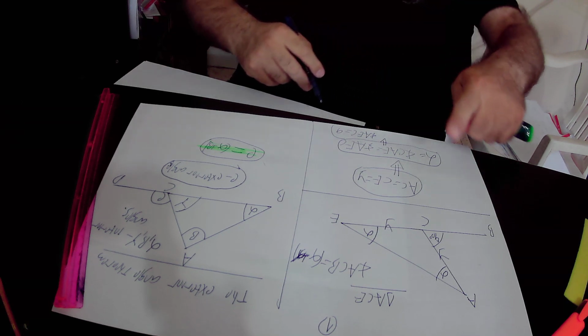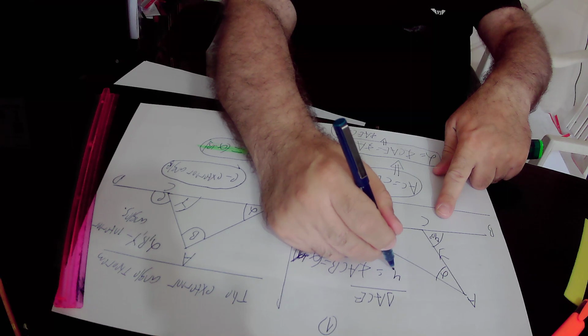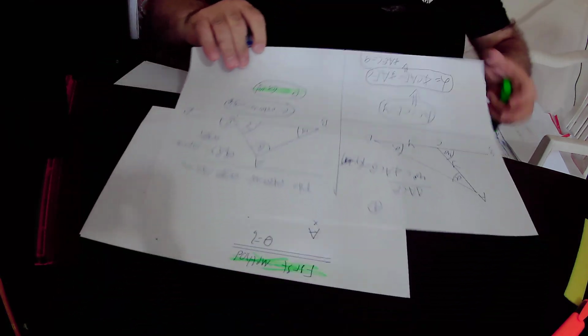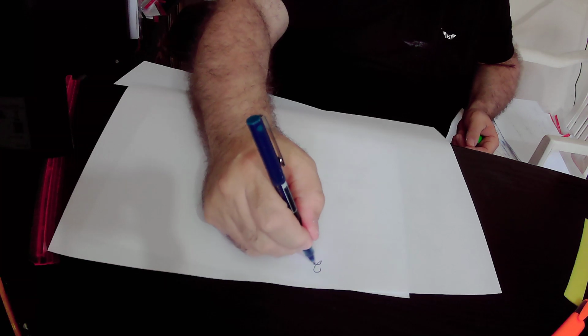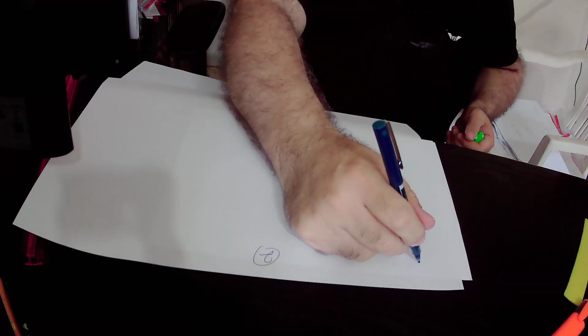But angle ACB equals 40 degrees, so 40 degrees equals alpha plus alpha.